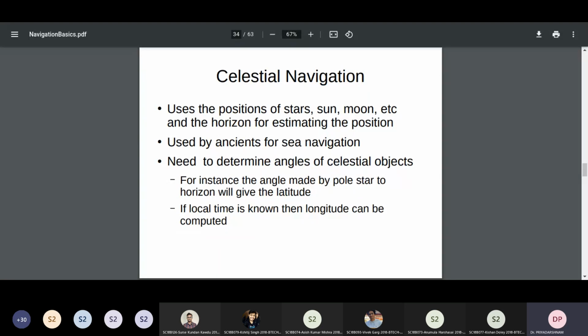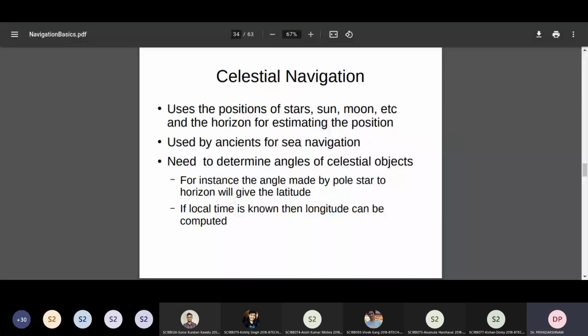You can understand where the latitude is if you observe the pole star, but longitude is more difficult, where you need to understand the local time. You have to observe when the sun is going to be on the meridian.